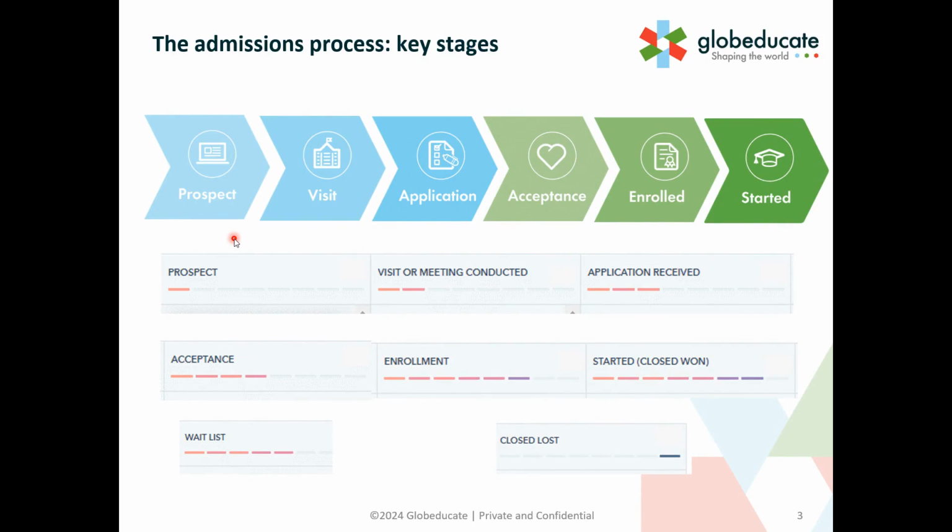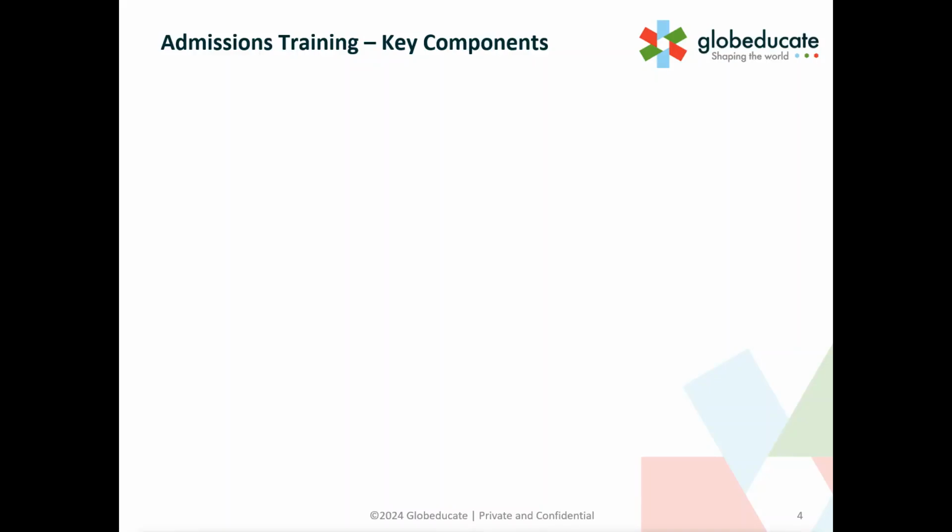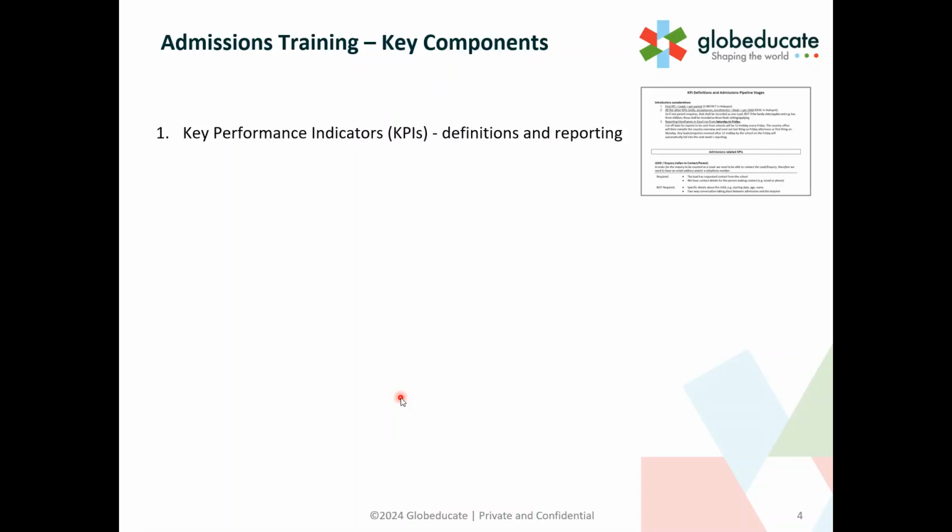Okay, when we speak about the application process, we always speak about the 6+2 stages. In the next chapters of the training, you will be able to have a closer look at the key components that you need to get familiar with. The first ones are the key performance indicators, also known as KPIs, meaning the elements we report on every week in order to be able to analyze the way we work in admissions and make comparisons over time.